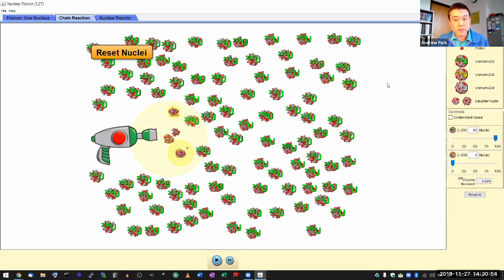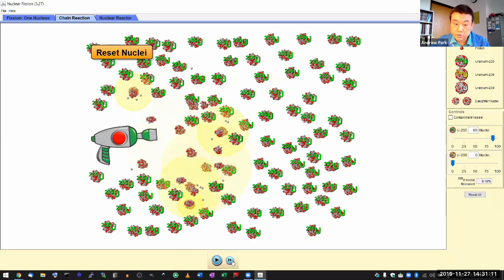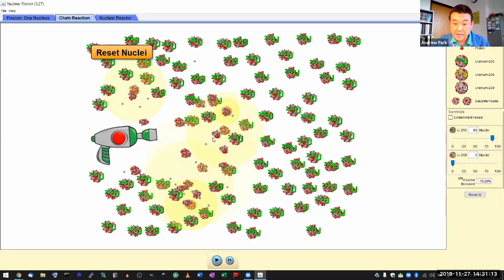Or in other words, this collection of uranium-235 has critical mass. So these neutrons that are coming out are each going to hit another uranium-235 and cause more neutrons to come out, and more neutrons to come out, and so on. And as that happens, because now there's basically a flood of neutrons, this is what chain reaction describes.